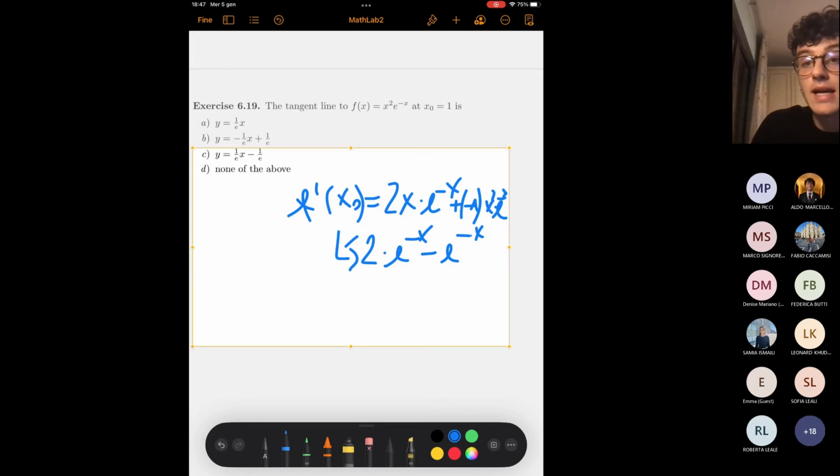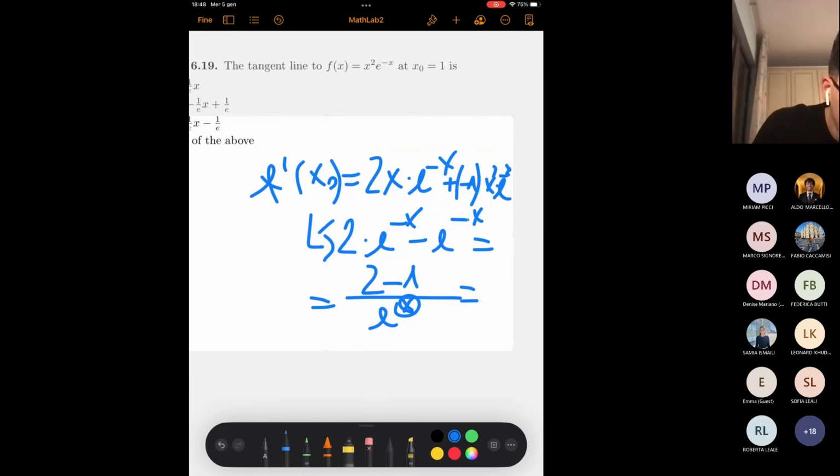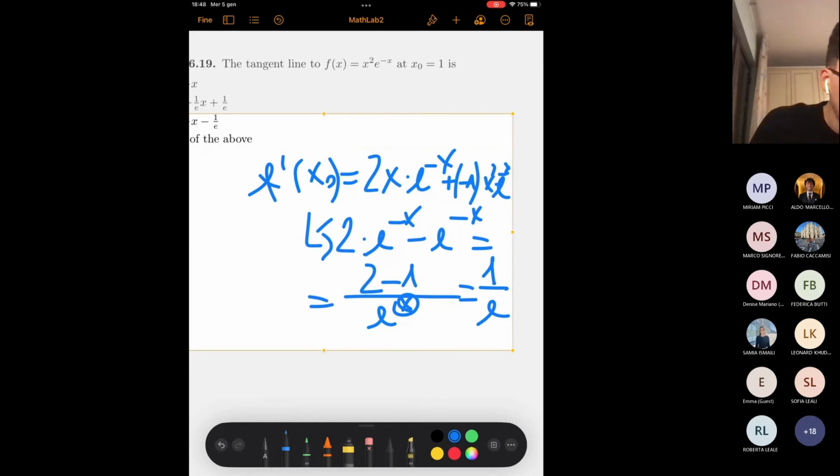So we can put e to the minus x as the denominator. So it's e to the x here, and up we will have just 2 minus 1. If we substitute also the 1 here, instead of the x, we substitute the 1, which is the one given by the exercise, we will have 1 over e.